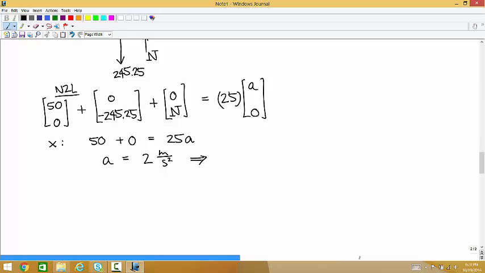And if you plug that a back into the acceleration vector, you get an acceleration vector of 2, 0 meters per second squared. Any questions about that first part?